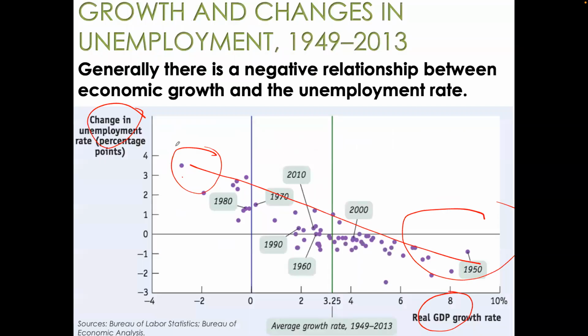But what is behind the correlation between economic growth and the unemployment rate? Why, when GDP growth is slow, is the unemployment rate high? There are two reasons. On the one hand, when GDP growth is slow, usually demand is low.